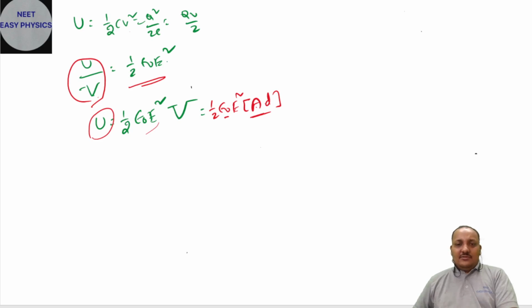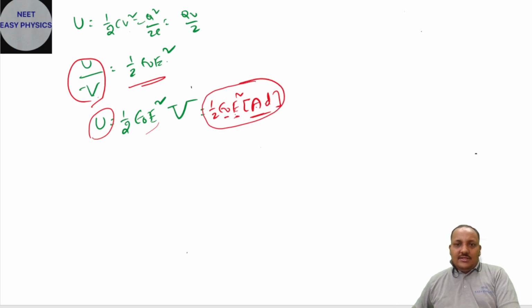This is about this one. Next, they may ask a problem on this equation, where you have to solve very clearly with half epsilon naught E square.